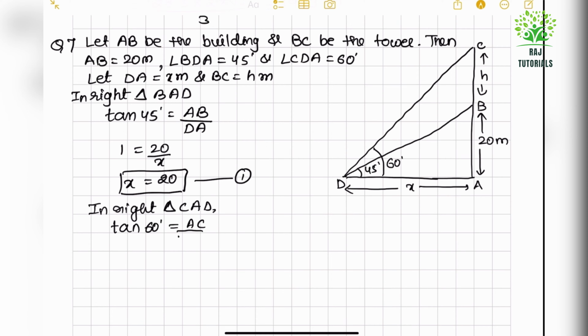Then in right triangle CAD tan 60 equal to AC upon DA. So root 3 equal to 20 plus h upon x. So I can say x equal to 20 plus h upon root 3.